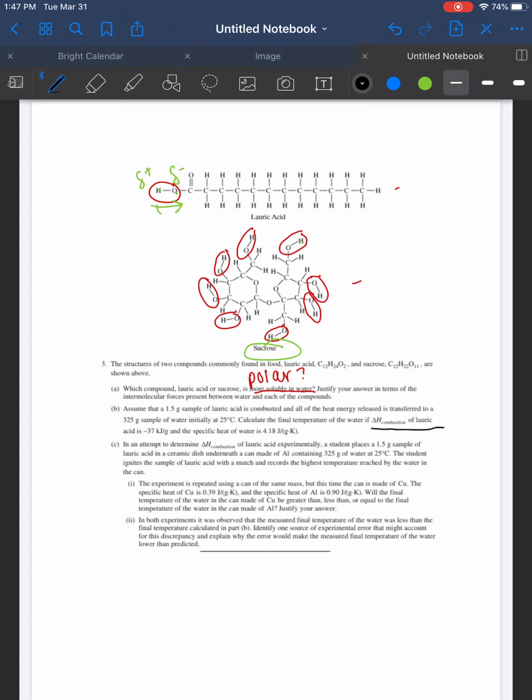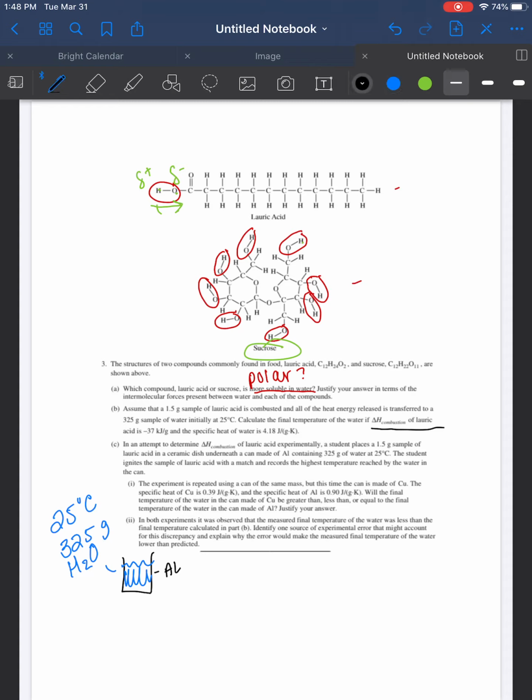My drawings are notoriously not great, but we'll still draw this out. Okay. So then we have a can made of aluminum. So an aluminum can, right? And it contains 325 grams of water. So inside my aluminum can, I have 325 grams of H2O at 25 degrees Celsius.